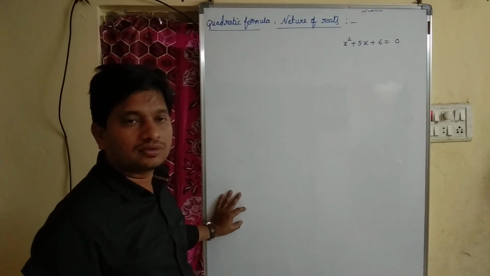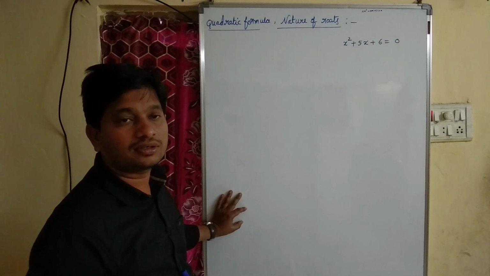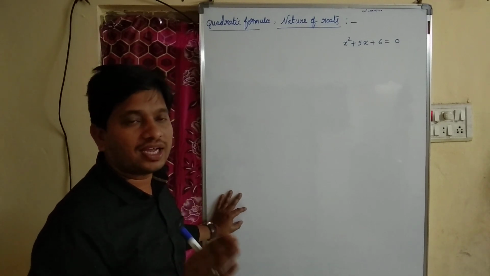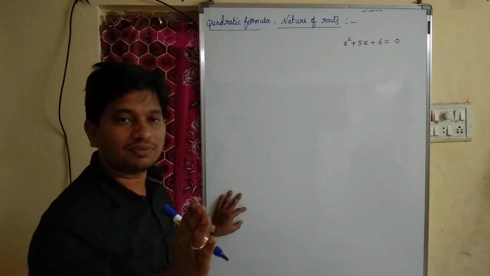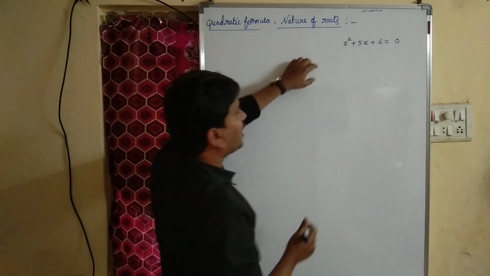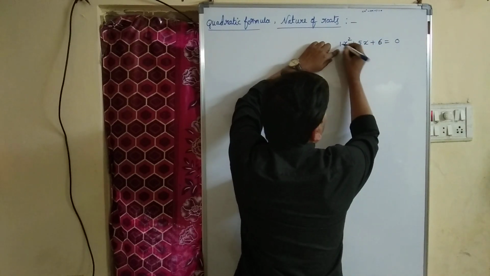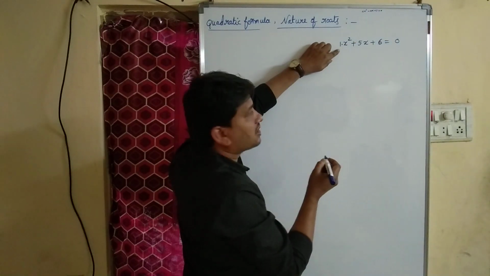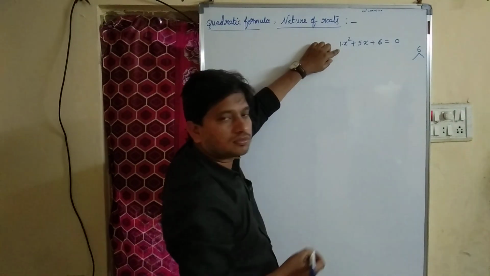As we know, we will have two roots for the quadratic equation, and we can find the roots by using the factorization method. So how to do factorization? We need to multiply the constant with the coefficient of x square, I mean 6 into 1, that is 6.